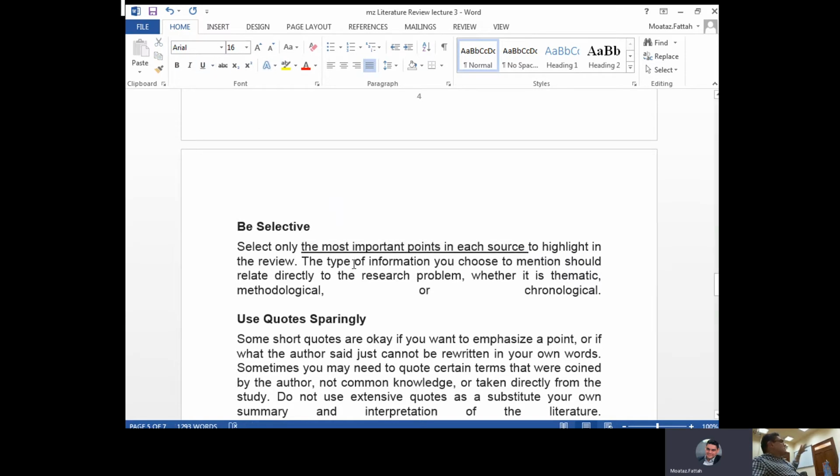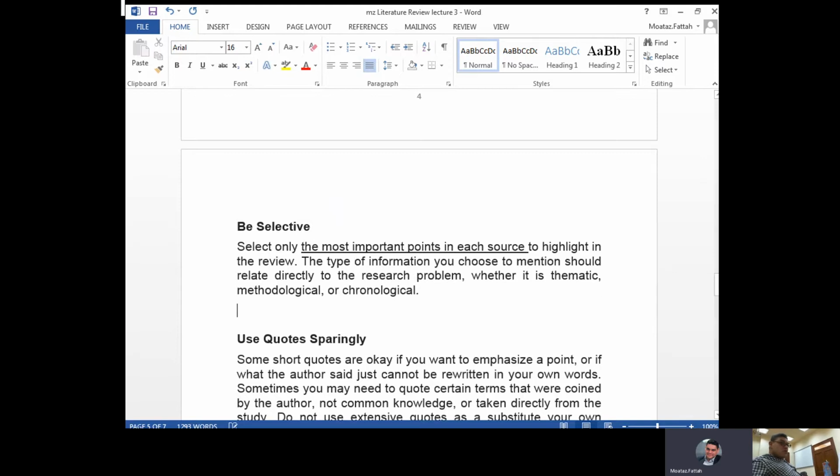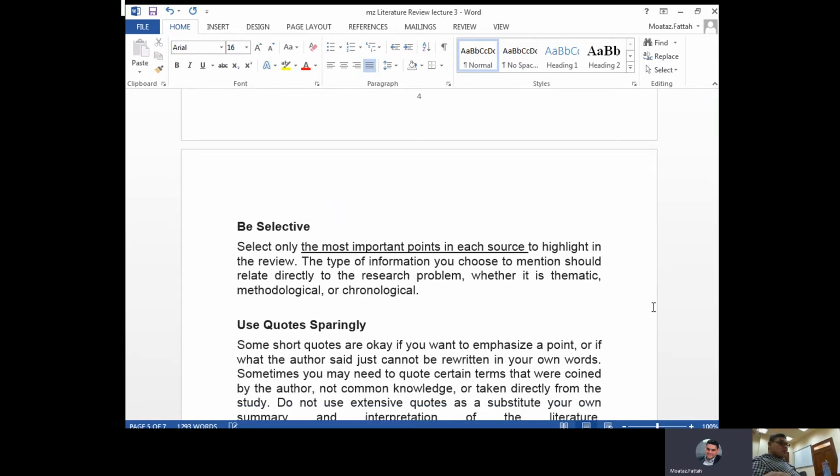Not just, oh, I read it and it said some 1, 2, 3, 4. This is the most important thing, because this 1, 2, 3, 4 that you made the reference to are not new. What's really new is 7, 8, 9. But you were lazy. You did not read enough to get to 7, 8, 9. You just quote the first points 1, 2, 3, 4, which were just the introduction.